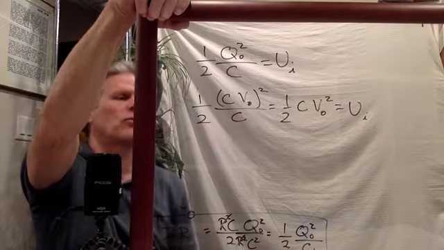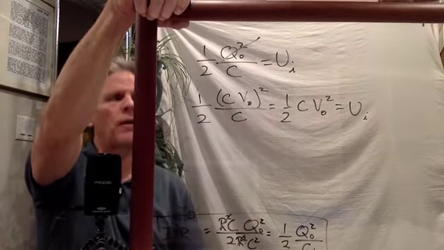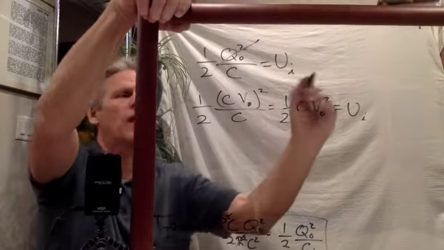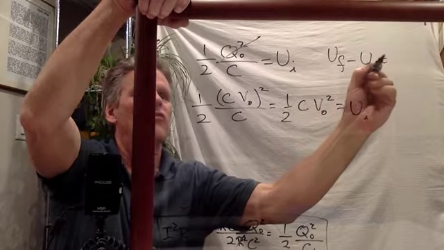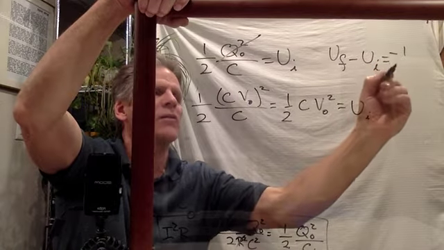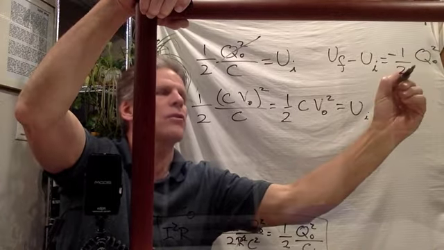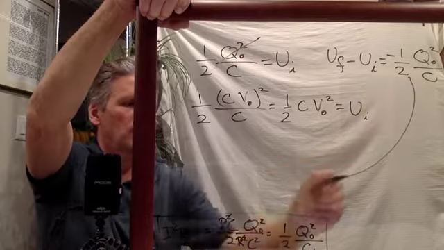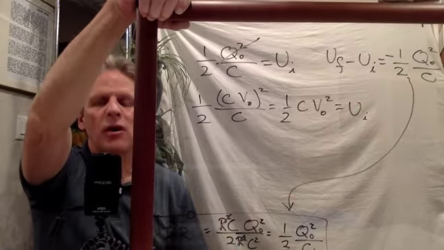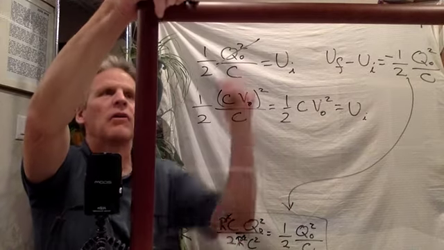Either one of these expressions works. Well, what's our final charge in the capacitor? It's 0. So what's our final energy? 0. So U final minus U initial is just equal to minus 1/2 Q0 squared over C. The exact same amount of energy that was dissipated in the resistor. Okay, there you go.